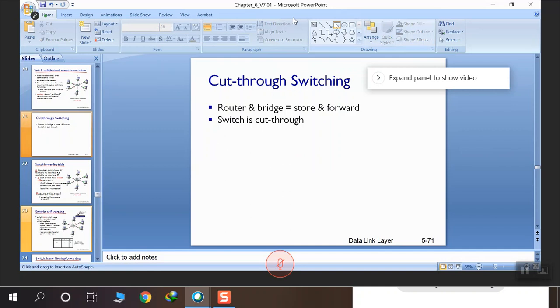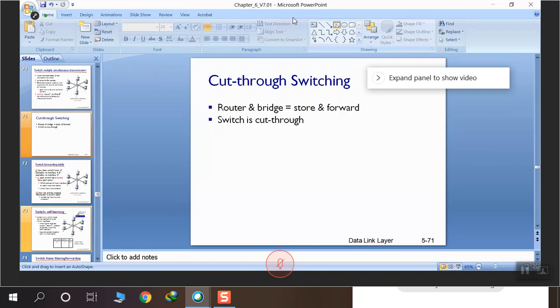If the other link, that is the outgoing link, is empty, then this packet does not need to wait. If there are packets within the outgoing link, then this packet will need to wait. That's why we have the concept of a buffer here.